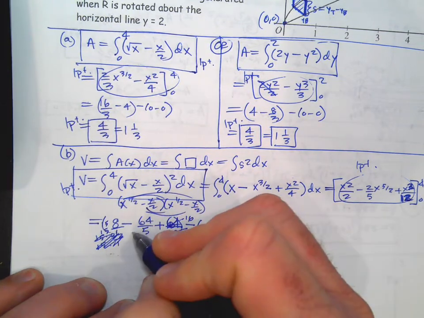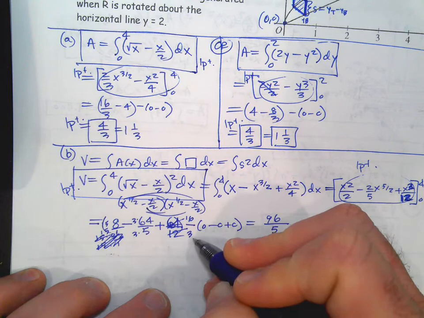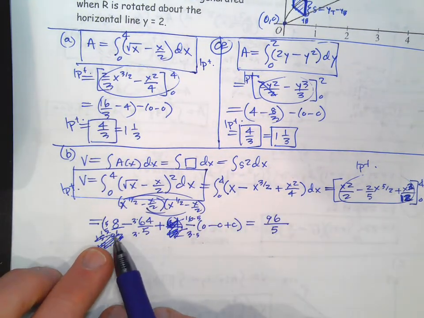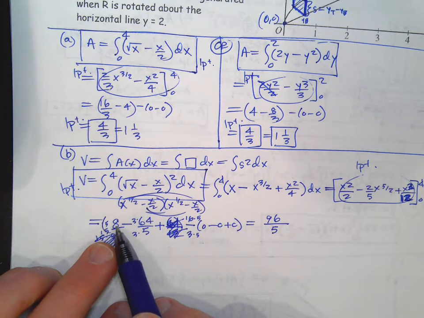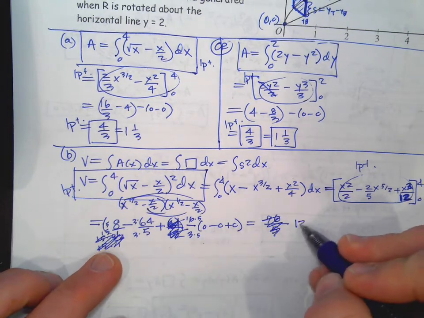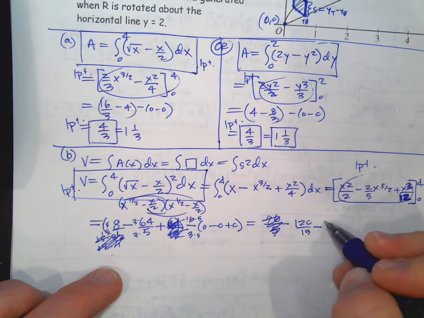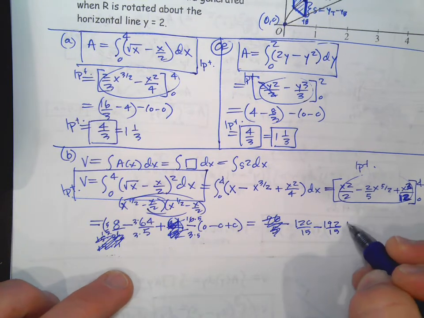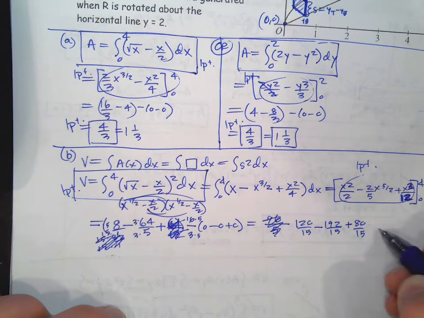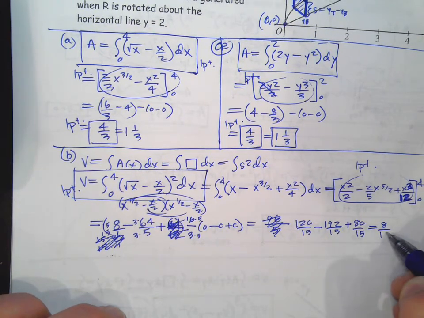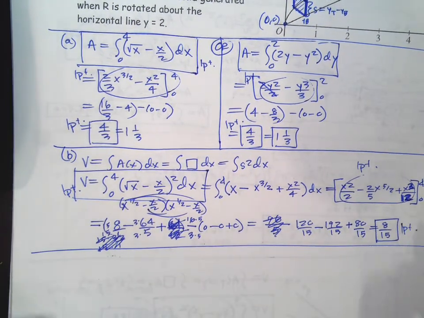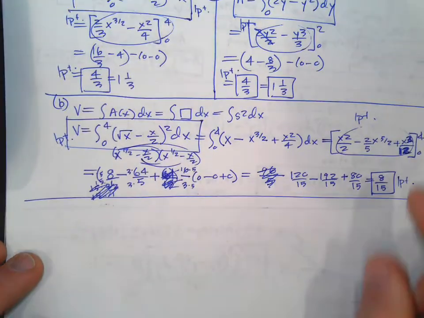Okay, so let's see. 80, 120. I'm just going to show my work. 120, 192, and 80. So it's 200. That's 8/15. Okay, that's the right answer. Oh my gosh. That's the point. Okay, be careful. I did something just stupid there.